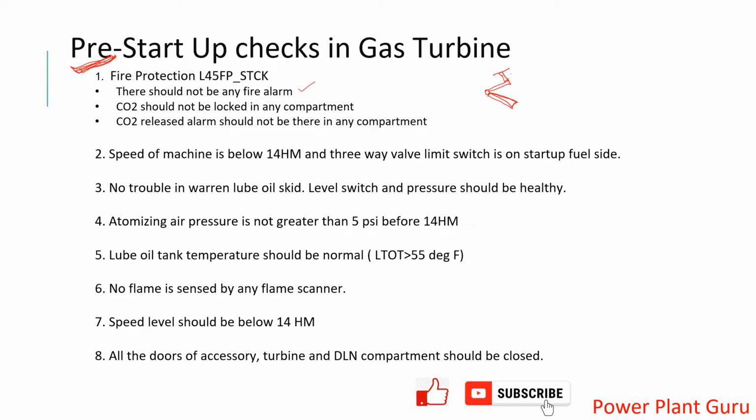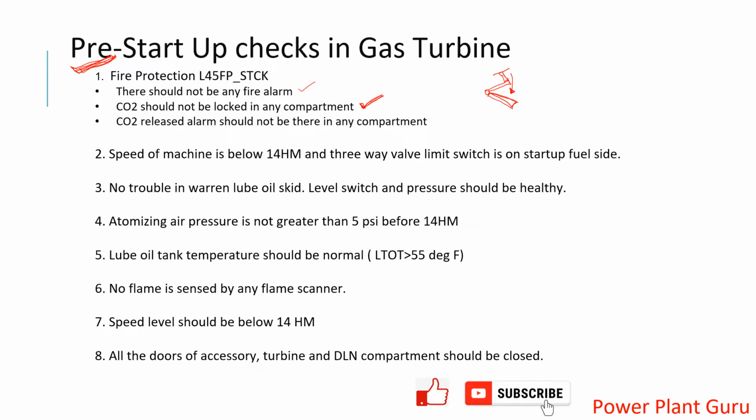But when you change the lever position to this side, the limit switch is not engaged and the machine knows you have locked a compartment's CO2, maybe for taking readings or for an inspection while the operator is going inside the compartment. So CO2 should not be locked in any compartment. All compartments' CO2 suppression systems must be active, and the limit switch for that should be there in the signal.